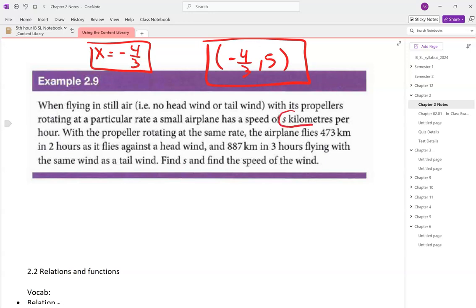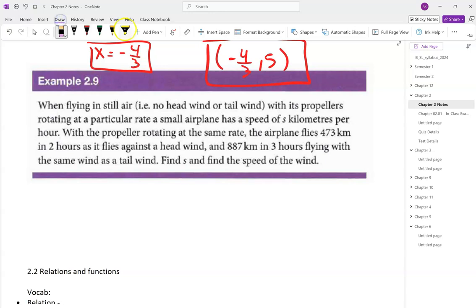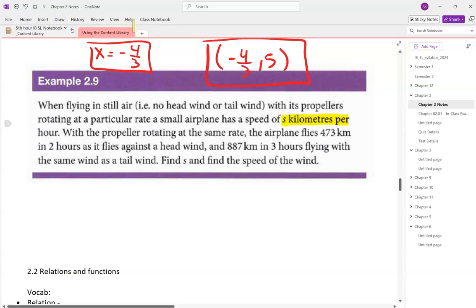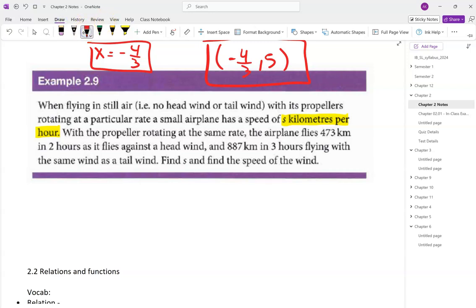So S is in kilometers per hour, right? What should S be multiplying by?